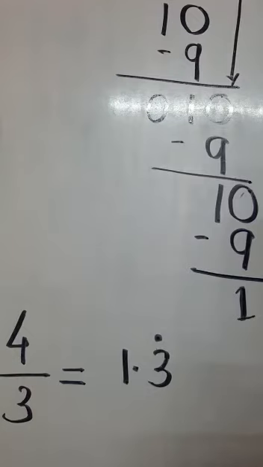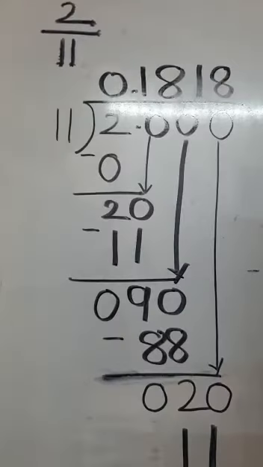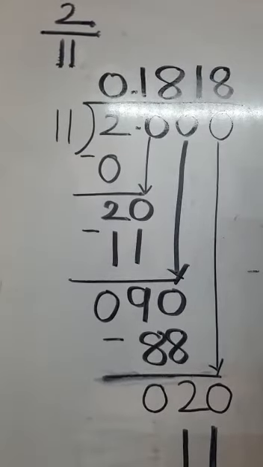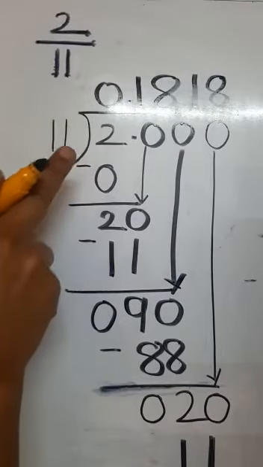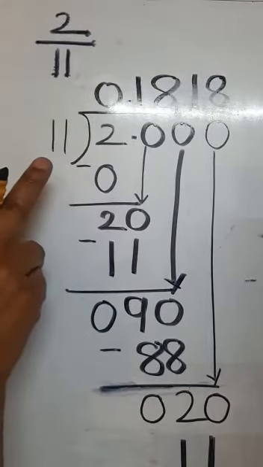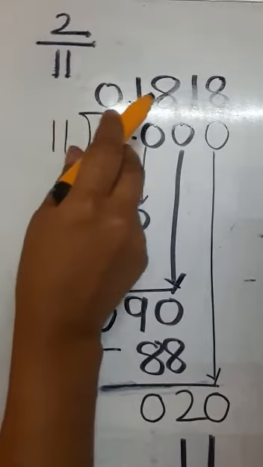And if a group of numbers are repeating, then we give a line over those numbers which are repeating again and again. Let's have a look at one example regarding that. Here I have taken one example, 2 by 11. After dividing this sum, 2 by 11, I got the answer as 0.1818.